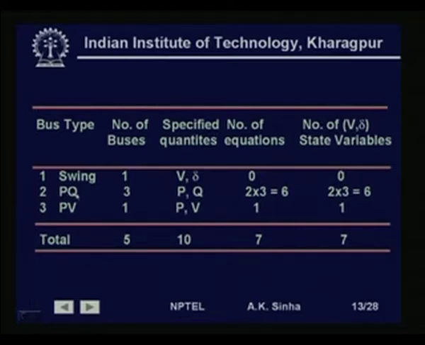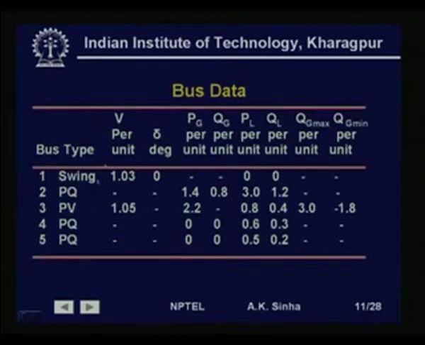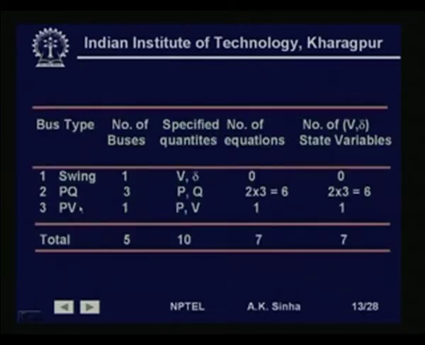The other type of buses are the PQ buses. How many PQ buses do we have in this system? If we go back, we see that we have bus number 2, bus number 4 and bus number 5 as PQ buses. So, we have 3 PQ buses in the system. At PQ buses, the specified quantities are both P and Q, that is, real power injection and reactive power injection. So, how many equations do we need to write at these buses?